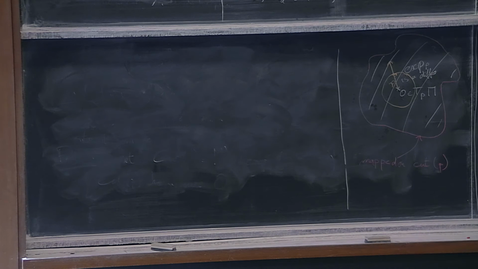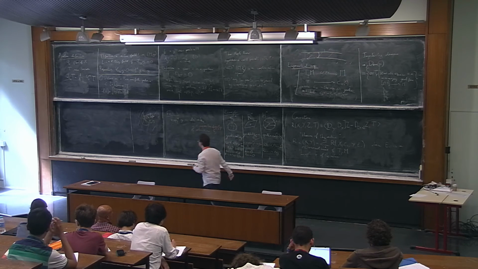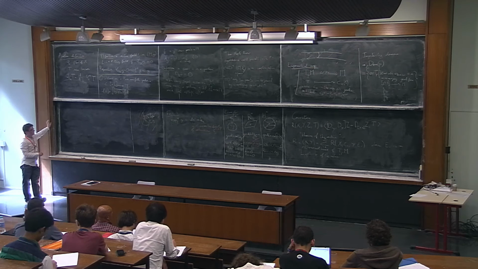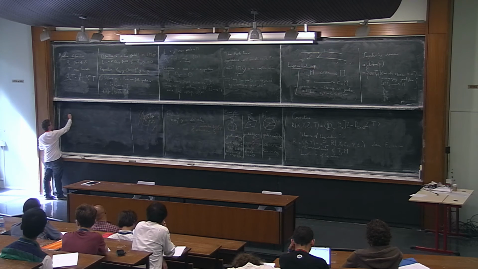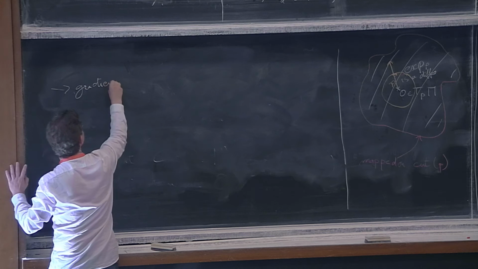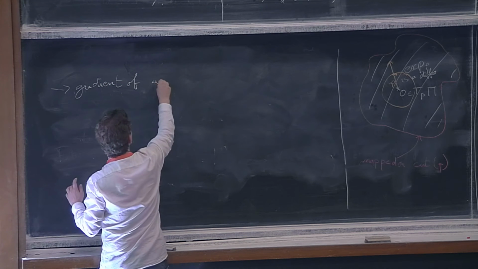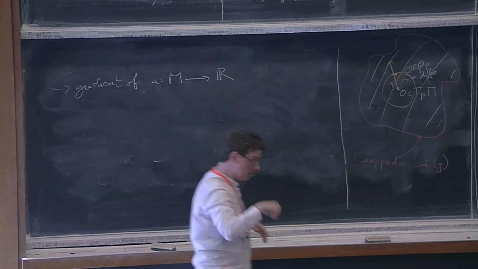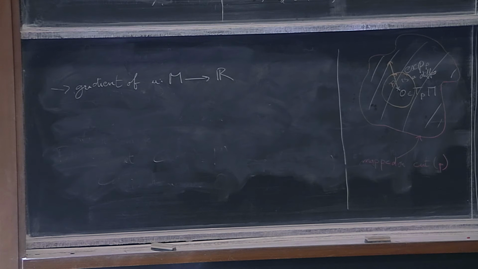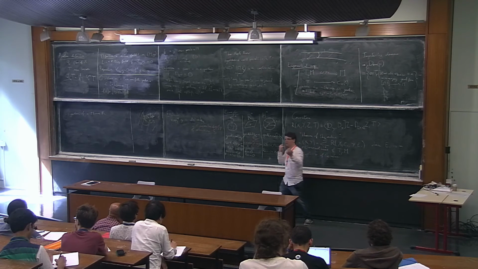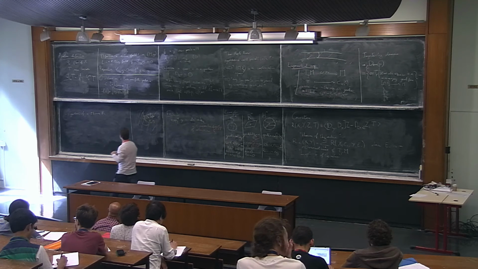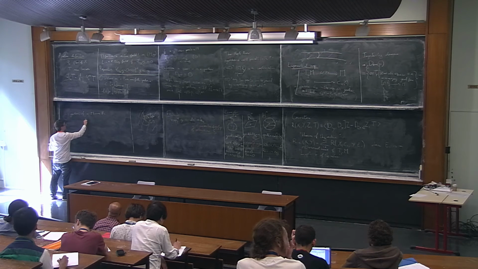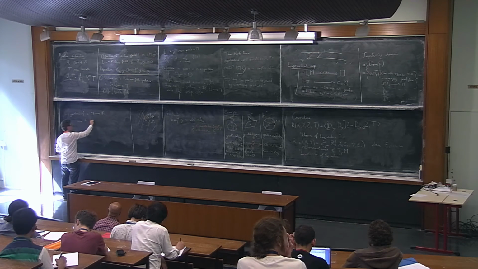So the first object we will see is the gradient of a smooth function from M to R. You have learned already a way to differentiate functions defined on manifolds, and what this gives you is du, which is a differential form.